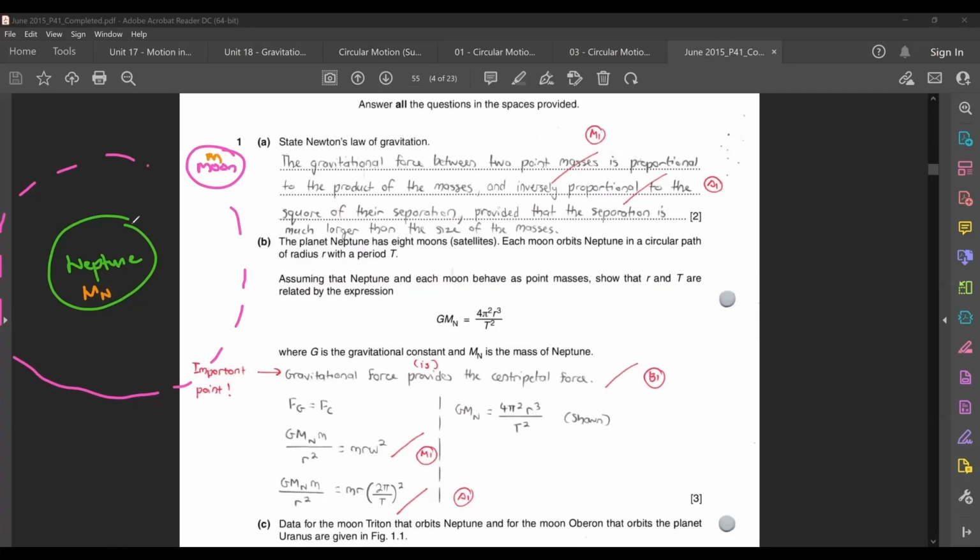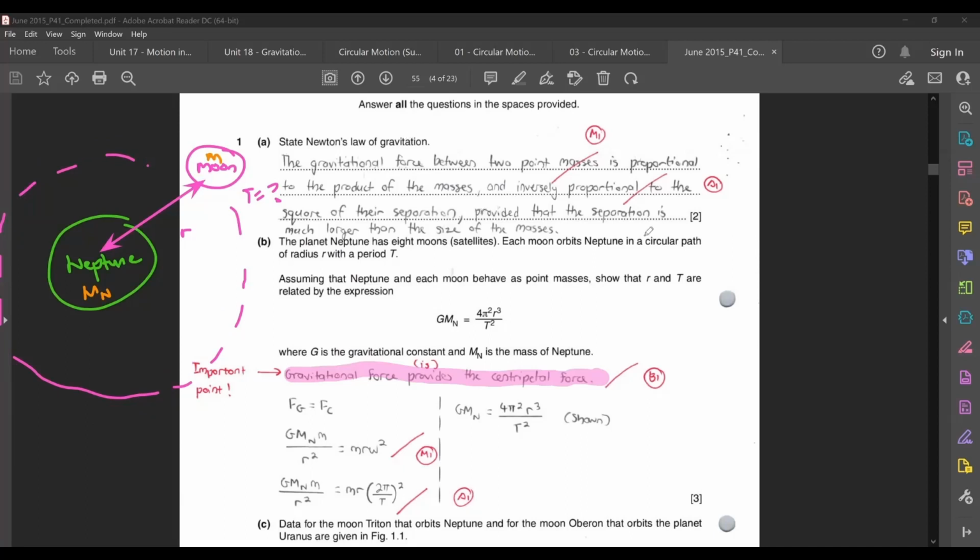They're orbiting at a radius of r with a period of T. So you want to derive the equation. The first thing normally you can say is this: gravitational force provides the centripetal force that allows your moon to move in a circle in the first place.